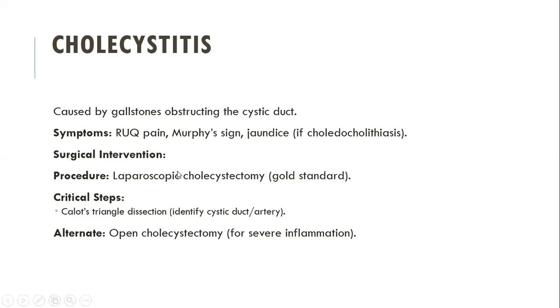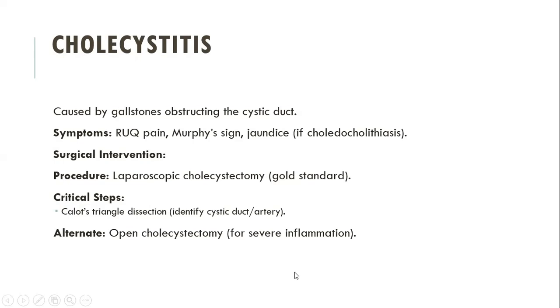So, in the laparoscopic cholecystectomy, you have critical steps to do, and you should be knowing about the Murphy sign. It is basically a maneuver during physical examination. It is done for differentiating the right upper quadrant pain, and here it is for cholecystitis.